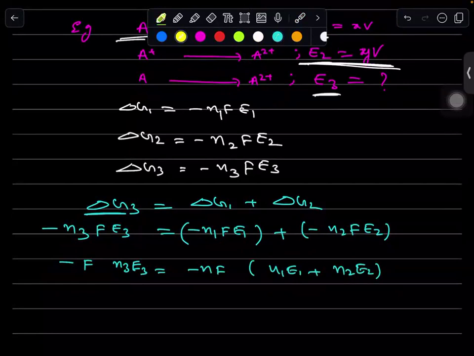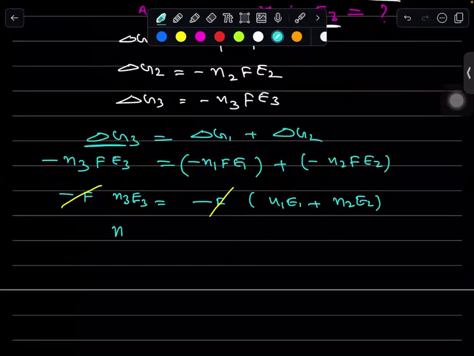The minus F cancels on both sides. Then the remaining thing is N3 E3 is equal to N1 E1 plus N2 E2. From here, the E3 value is N1 E1 plus N2 E2 divided by N3.